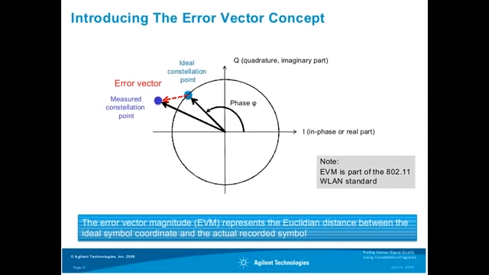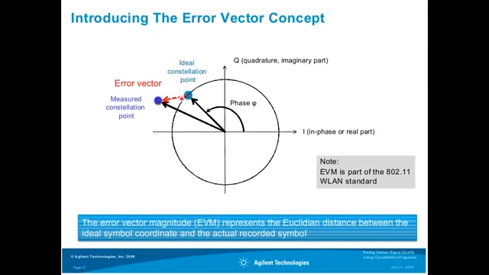So I think now it's time to introduce the error vector concept. Here again, we have our constellation diagram as already described at the beginning of this webinar. You can see here again our ideal constellation point represented by the amplitude and the phase of the signal. But the world, as we all know, is not perfect, and we would probably measure this constellation point instead of this point.